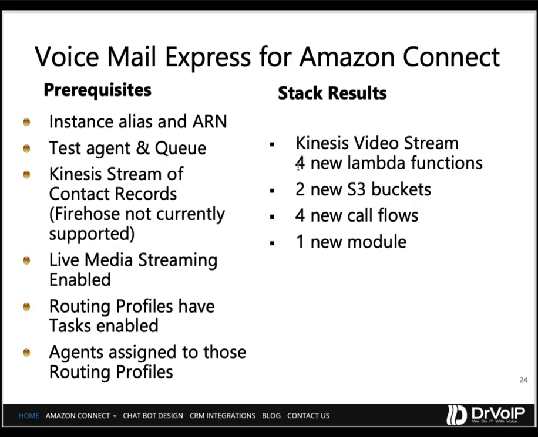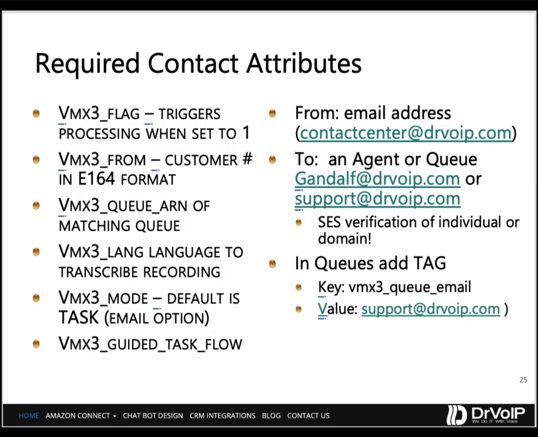It's going to generate 4 new Lambda functions, a couple of new S3 buckets, some new call flows, and a module. So the voicemail handler itself is going to be a module that is called from your individual contact flows. So this is your first look at how you might use a module.